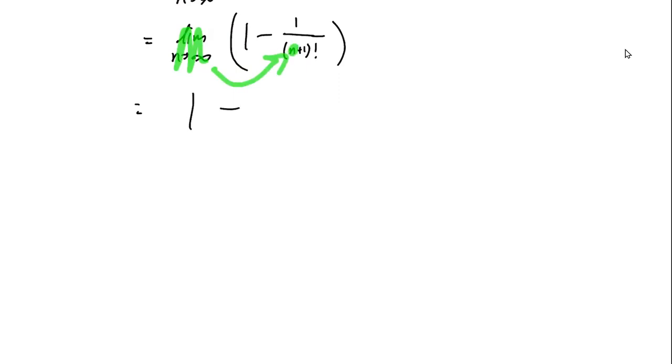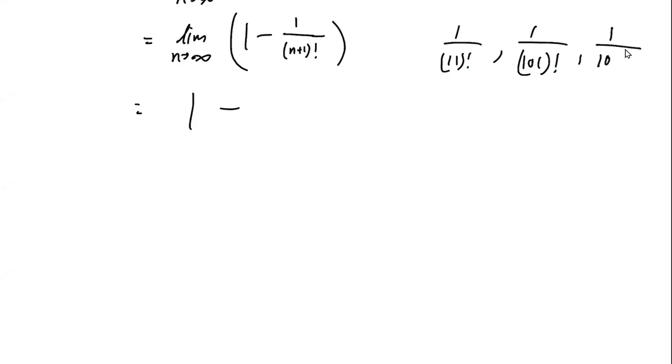For n equals 10, it's 1 over 10 plus 1, 11 factorial. If n is 100, then plus 1 becomes 101 factorial. If n gets even bigger, say 1000, then you get 1000 plus 1 factorial.